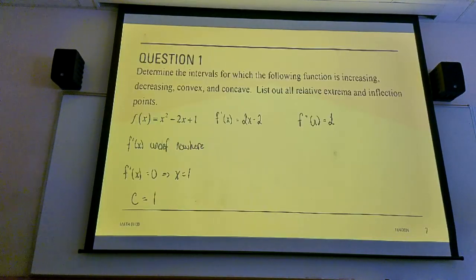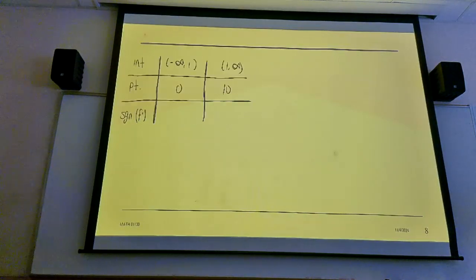Plug each point into the derivative and determine its sign. f prime of 0 is negative. f prime of 10 is positive. I'll worry about interpreting that chart later.